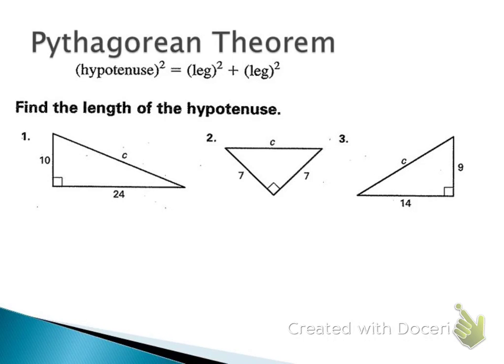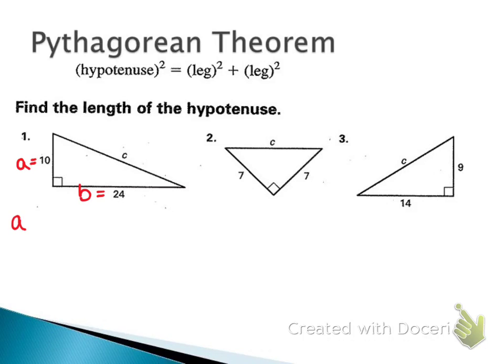I believe on the next set of problems we will be asked to find the length of a leg. If we have legs, one of them is A, the other one's B. It doesn't matter which is which. So I'm going to say that my A has a length of 10 and my B has a length of 24. We are trying to find C, the hypotenuse.